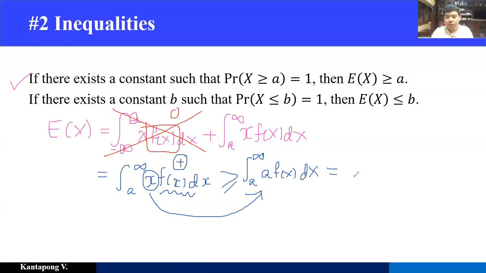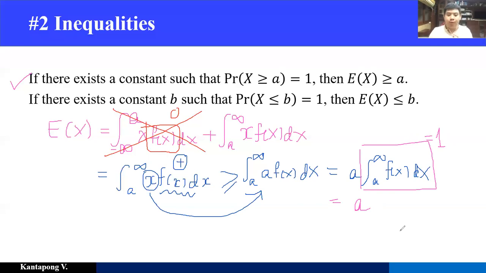But this integral of f(x) is equal to 1, so this is equal to a, and done. The intuition is simple here.